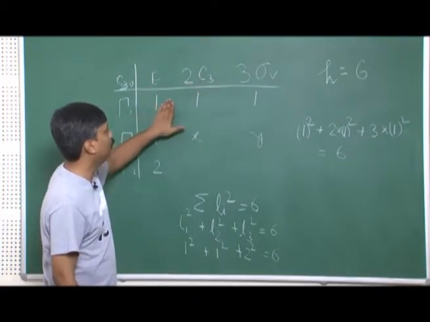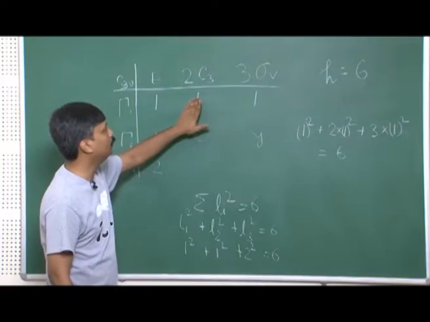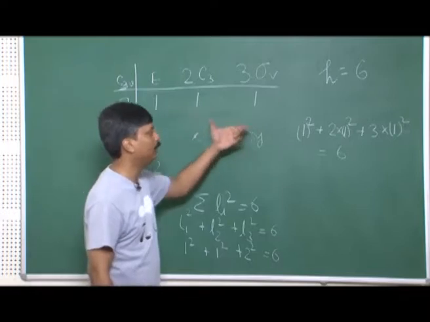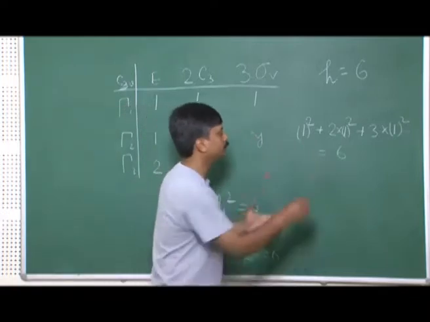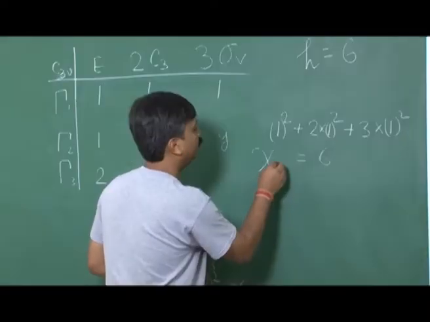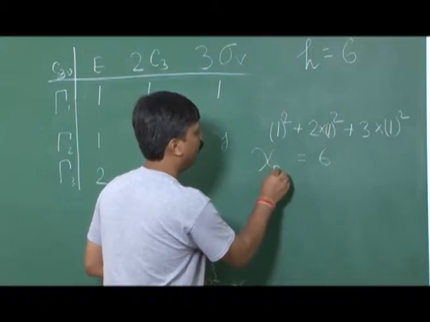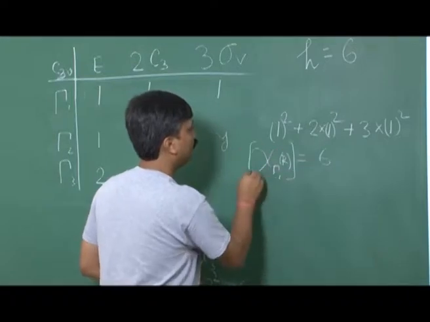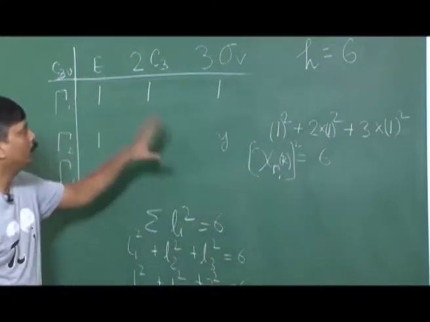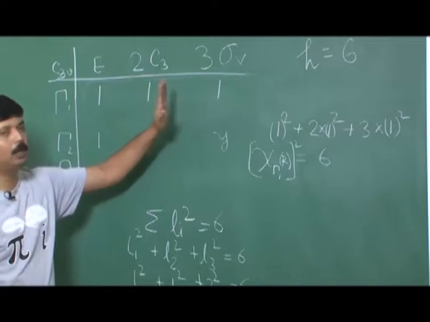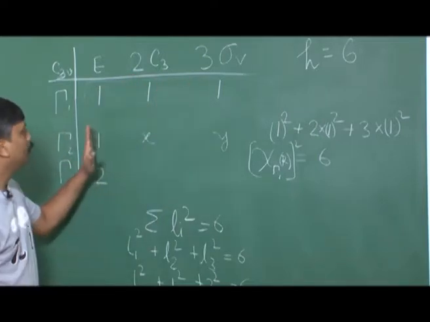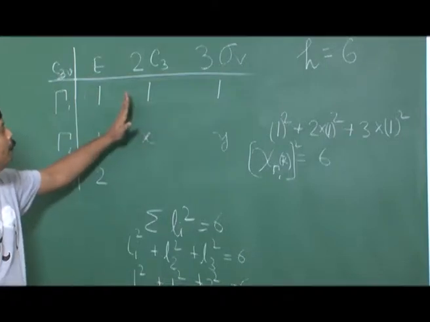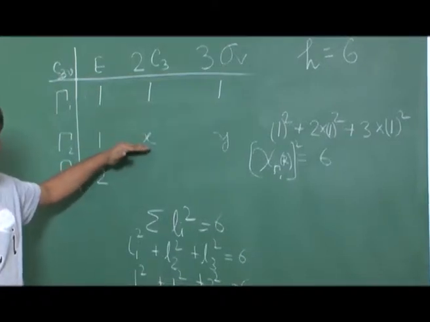So the total sum of the square of these characters here is also 6. That's what I showed here. This is nothing but the chi gamma i of all the R square, right. So I have 1 plus 1 plus 1 plus 1 plus 1. Now here if I have to satisfy the orthogonality, I have to have 3 plus 1s and 3 minus 1s.